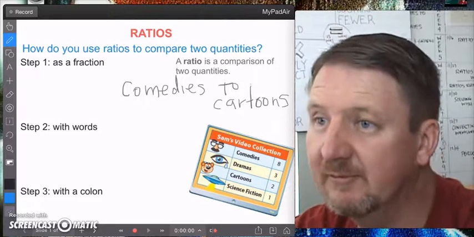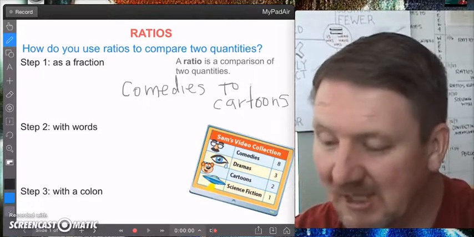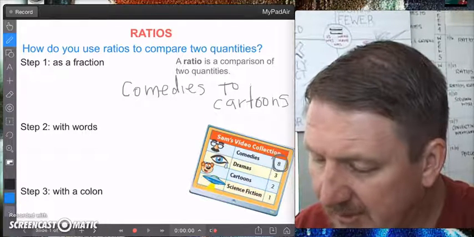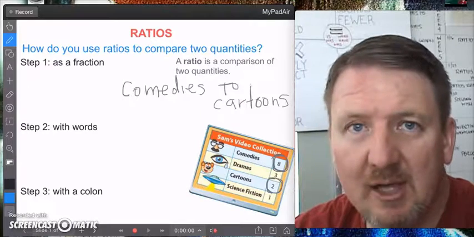My handwriting looks very comedic. So what I would do is look at the number of comedies and the number of cartoons and make my comparison.